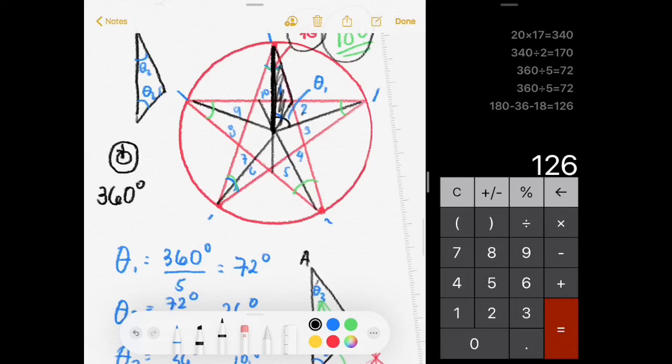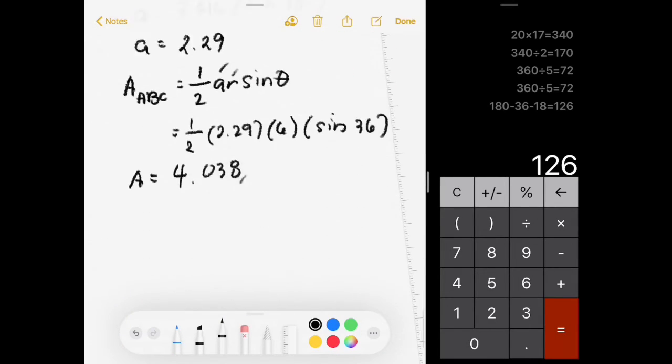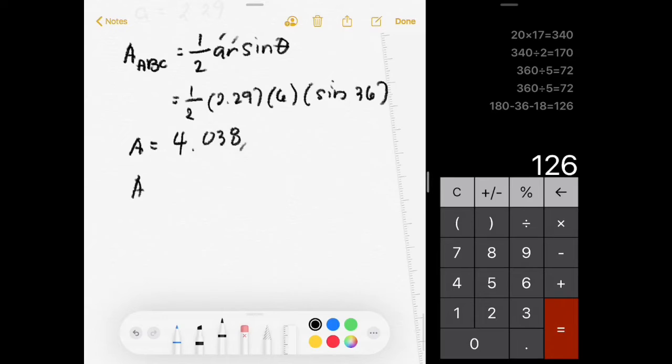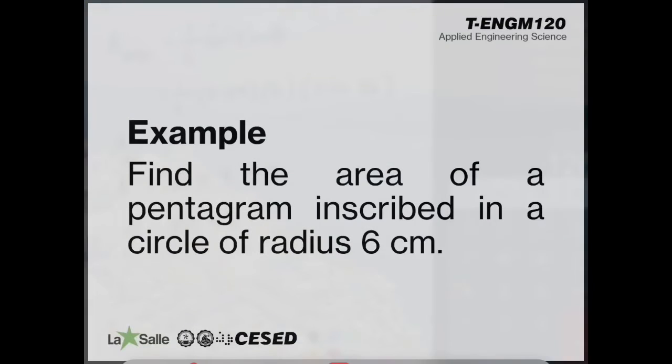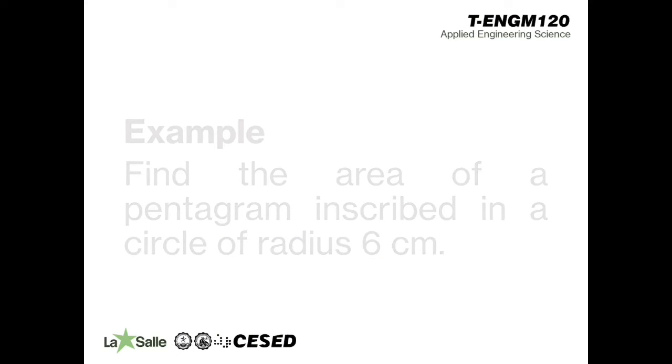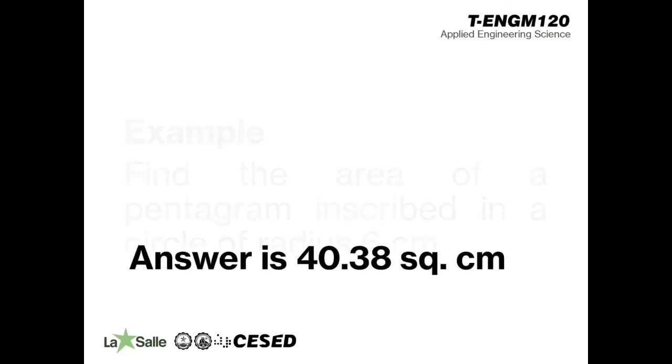Again, 1, 2, 3, 4, 5, 6, 7, 8, 9, 10. So, area is 10 times 4.038, area equals to 40.38. So, going back, ang sagot sa kanya ay 40.38 square meters.